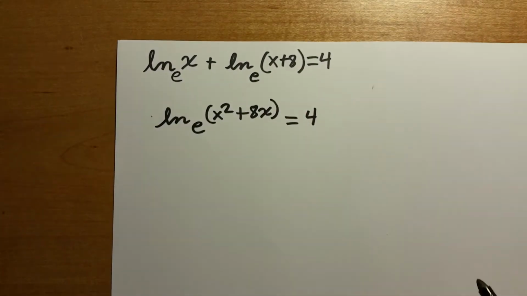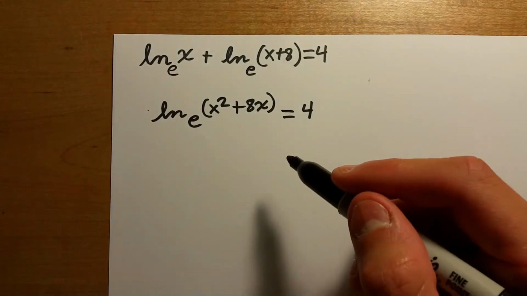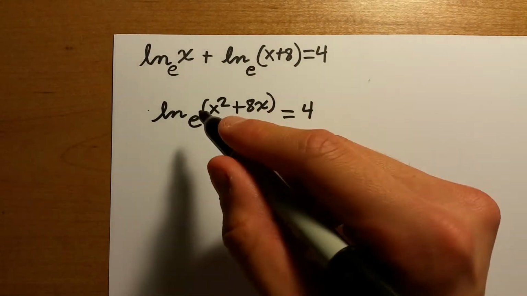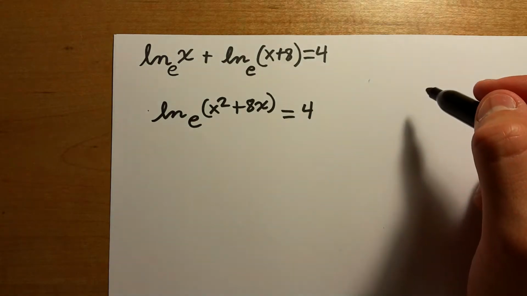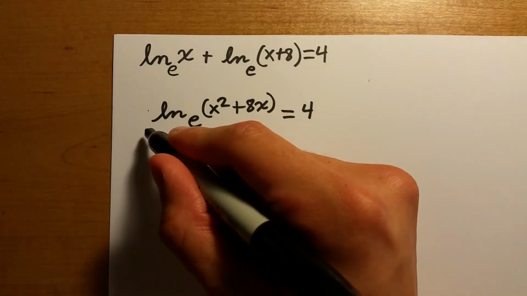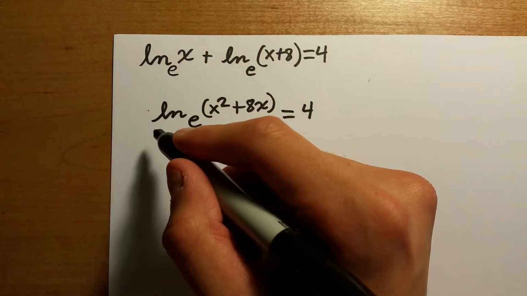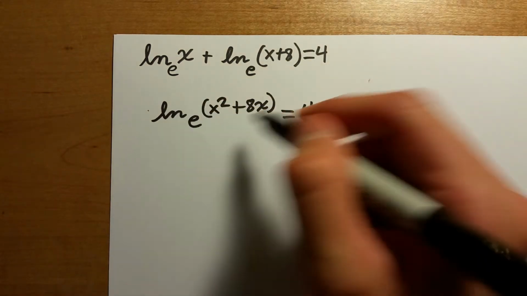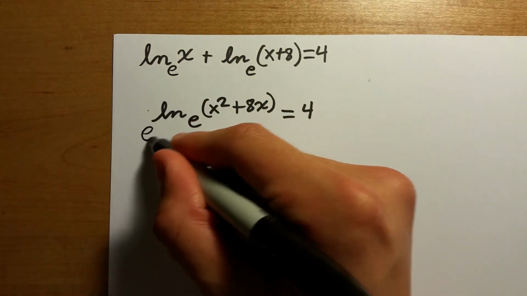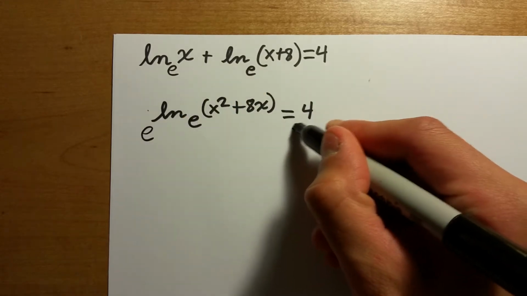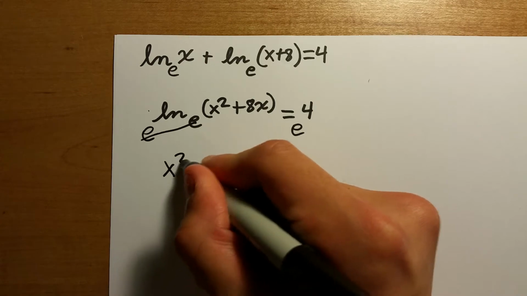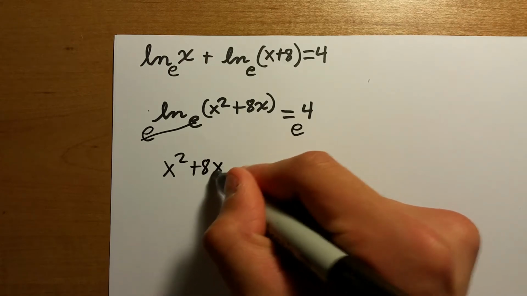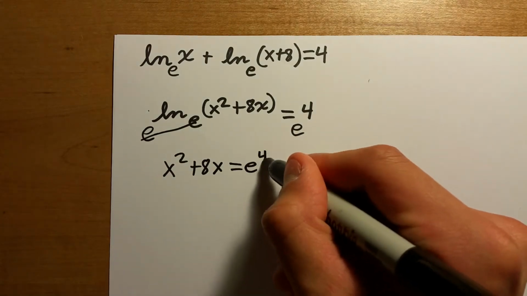Now once you're at this point, as in my last video on solving basic logarithms, you can either rewrite it using that method, or you can set e to the power of both sides. Essentially that would look like e to the power of this over e to the power of 4, and this would cancel out, leaving x squared plus 8x equals e to the power of 4.